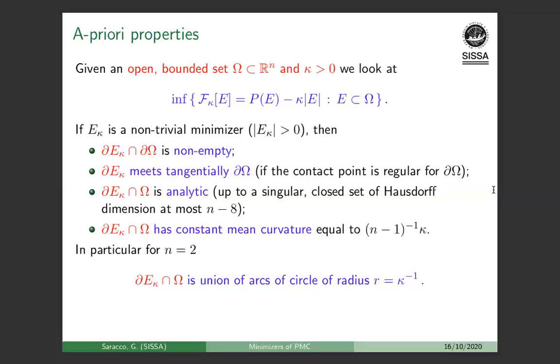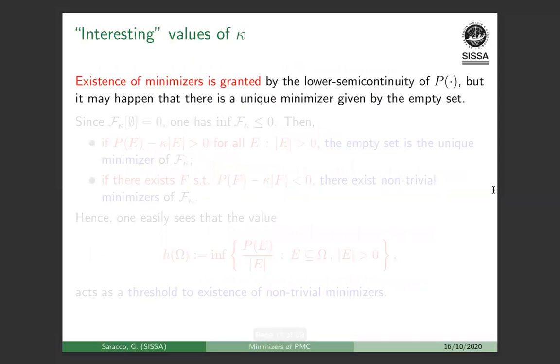Do we actually know there are minimizers, say even non-trivial minimizers? Now, existence of a minimizer is always granted, and this is because, as I told you at the very beginning, the perimeter functional is lower semi-continuous. Now, it may happen that you're unlucky, and there is a unique minimizer which is given by the empty set, or say a set with 0 mass.